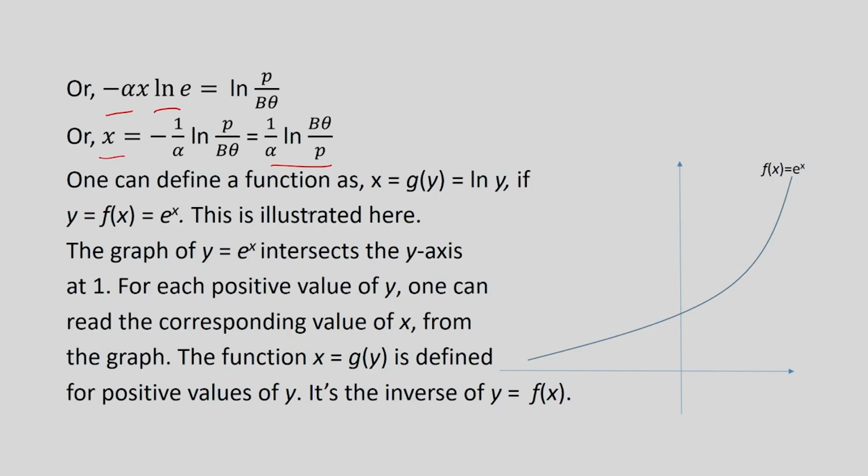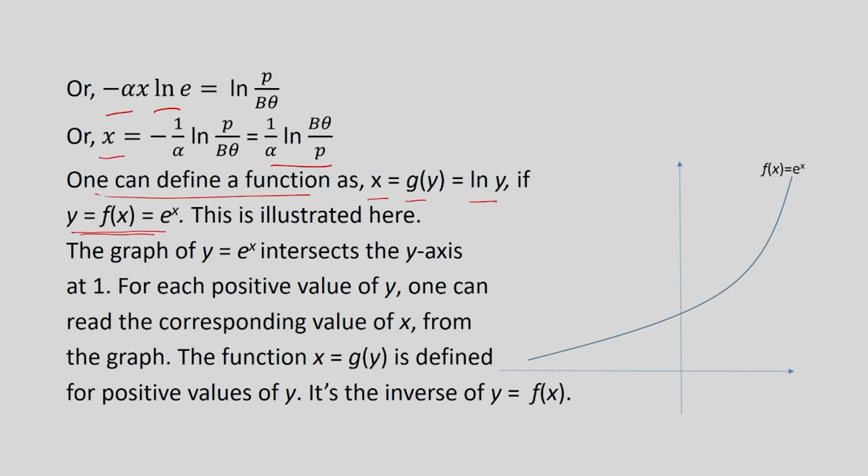Now we define a function. One can define a function as x is equal to g of y is equal to log of y. So x is a function of y, if y is a function of x like this, y is equal to f of x is equal to e to the power x, and this is illustrated here.